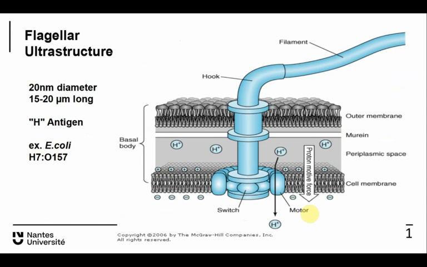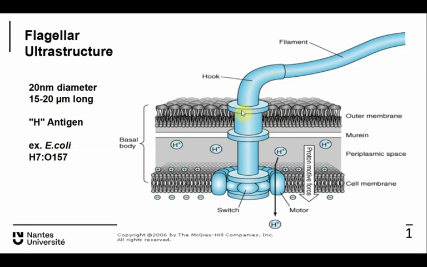If you look a little bit at the molecular structure, then in gram-negative bacteria, there's a big protein complex that anchors the flagellum in the plasma membrane, crosses the peptidoglycan layer, another anchor in the outer membrane, and this forms a kind of axle.